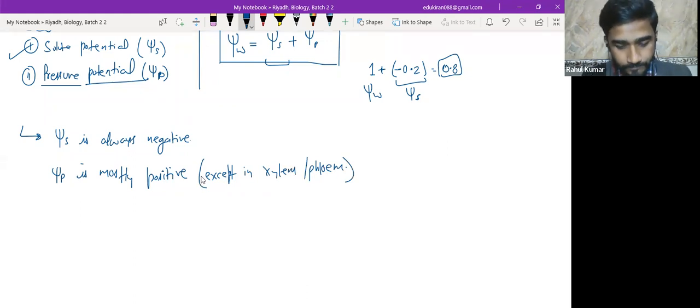So write down: the pressure potential component is mostly positive.